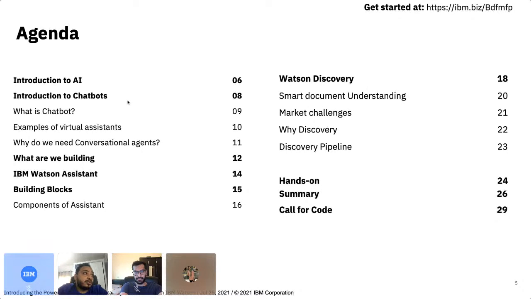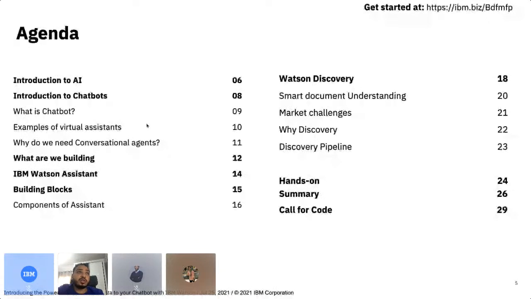Then why we would need such technology, and what application we are building today. Then we will go through IBM Watson Assistant, which is mainly the tool we will use to build our chatbot, and the building blocks of Watson Assistant, the main blocks you will use to build a chatbot.